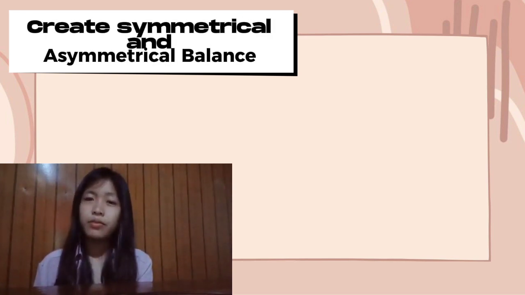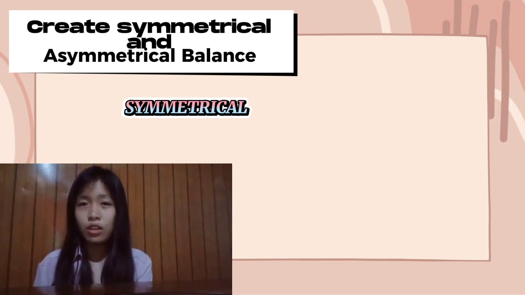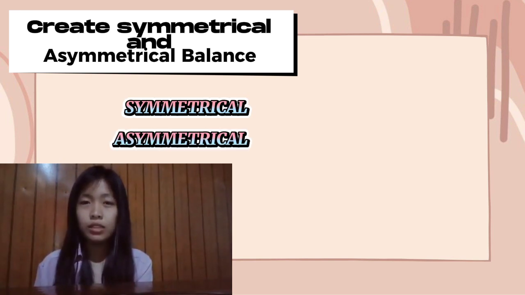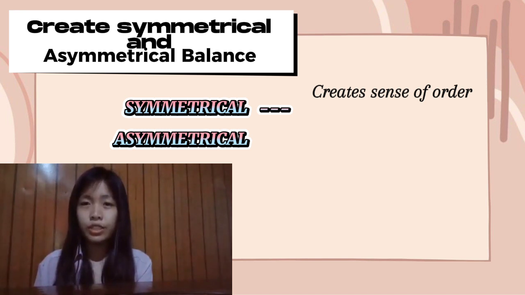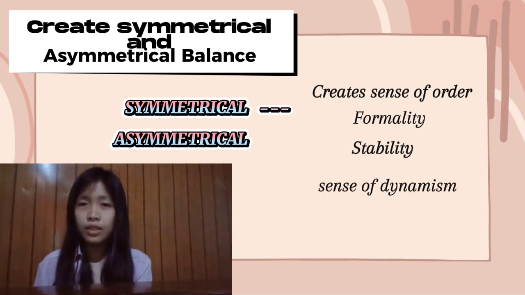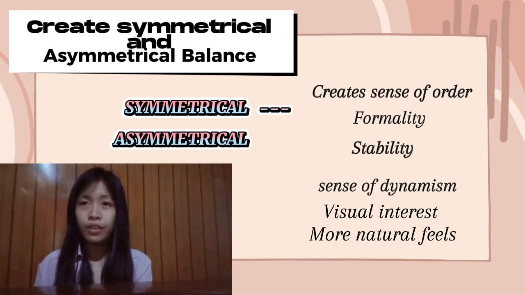There are two types of balance, which are symmetrical and asymmetrical balance. Symmetrical balance creates a sense of order, formality, and stability. Asymmetrical balance creates a sense of dynamism, visual interest, and a more natural feel.